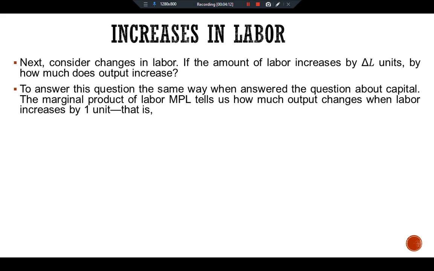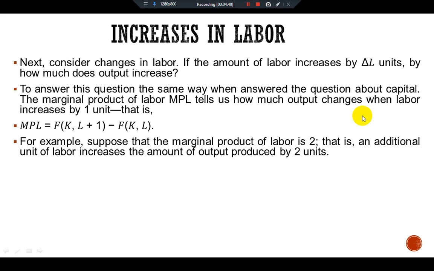That is, MPL is equal to F(K, L+1) minus F(K, L). Therefore, when the amount of labor increases by delta L units, output increases by approximately MPL times delta L.